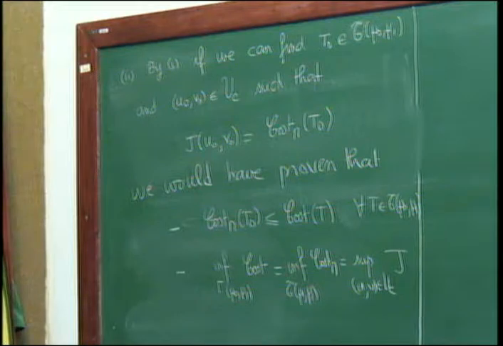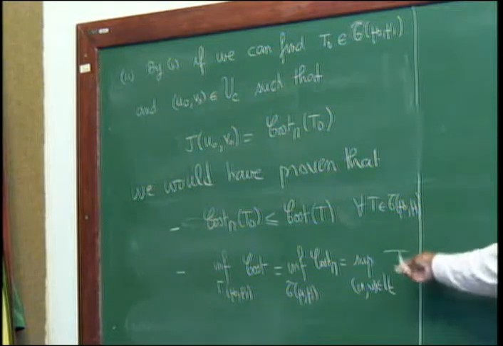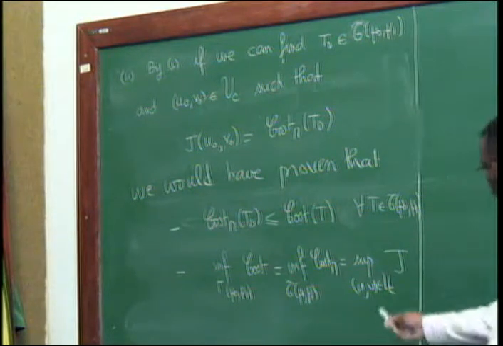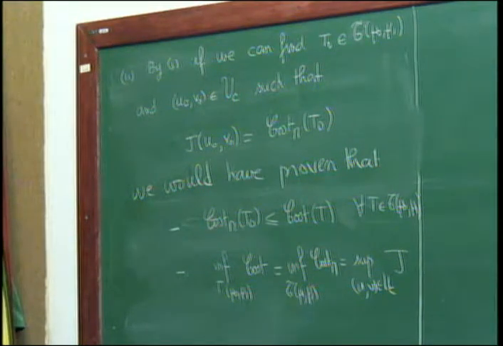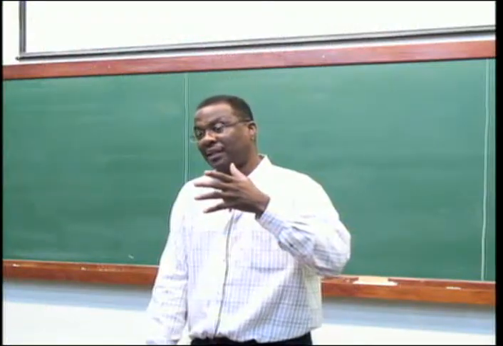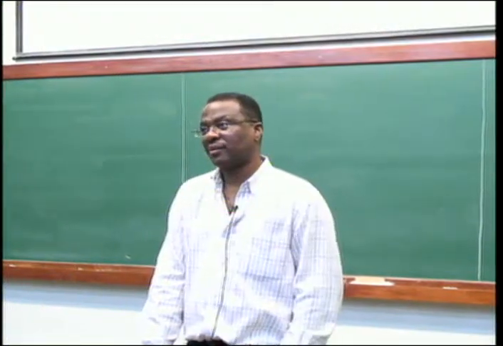So what I did last time was we observed that the functional to maximize is a linear function. The set on which we are maximizing is a convex set. And so if we expect a maximum to exist, it will be at an extreme point.